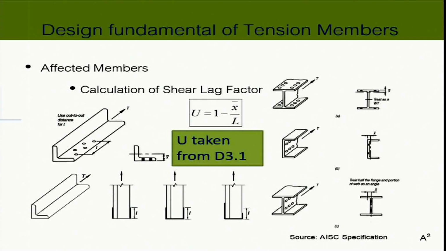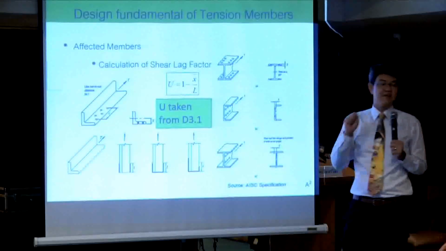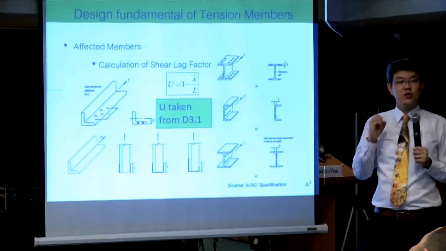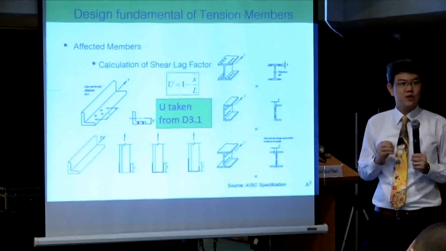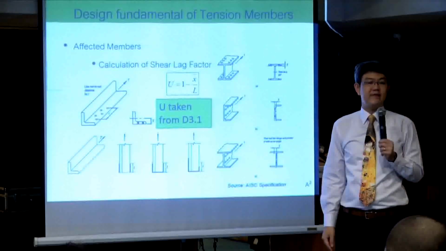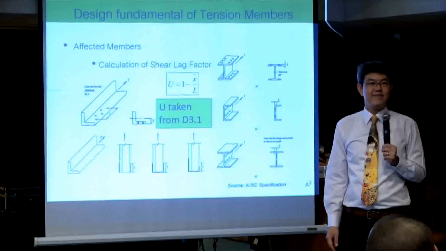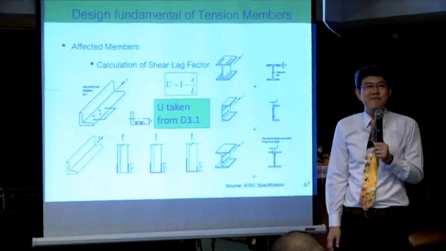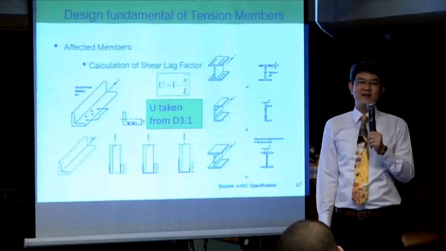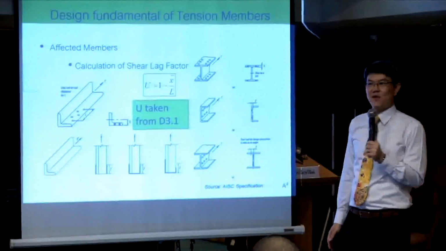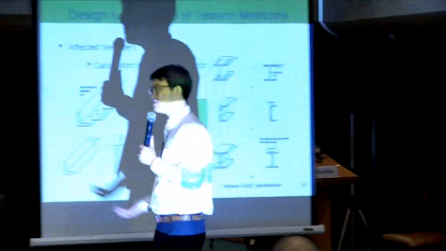That number would suggest that if you calculate the shear lag and you have U lower than 0.65, you should redesign your structure because you are losing too much. It's not efficient. Again, if you think, I don't care, I can use 0.5, what are you going to do to me? Nobody's going to do anything to you, sir, but you are just not being very efficient. That's all. Okay? Any question?